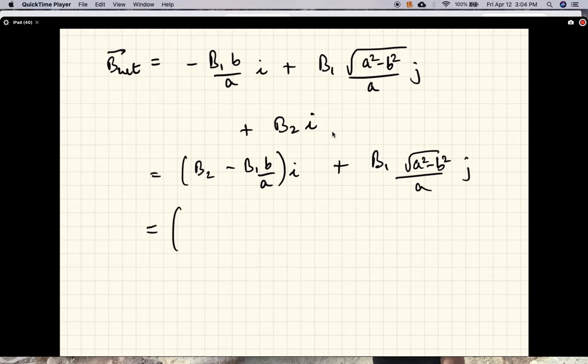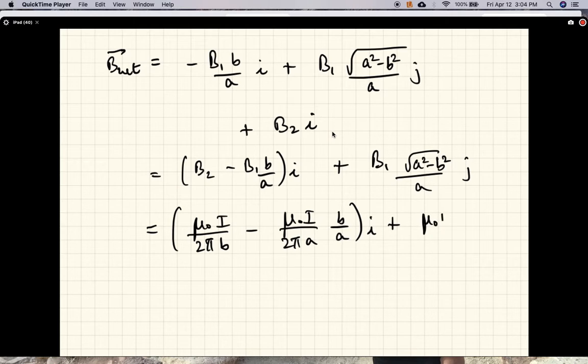B2 is mu naught I over 2 pi B, and B1 is mu naught I over 2 pi A. Now it's just a little algebra to simplify all of this.